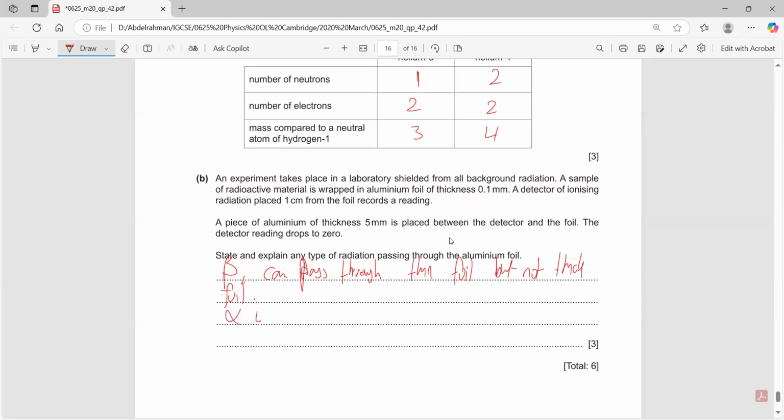Alpha would be stopped either way, right? And gamma would be detected either way, right?